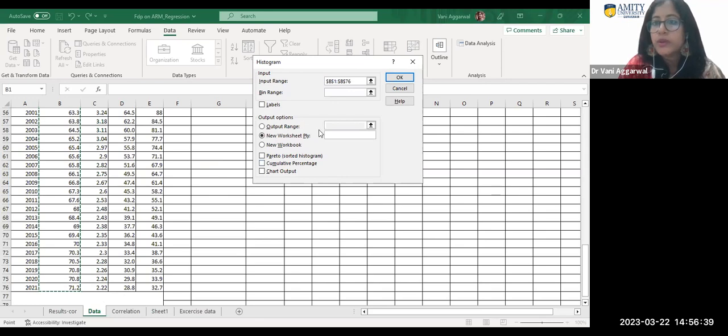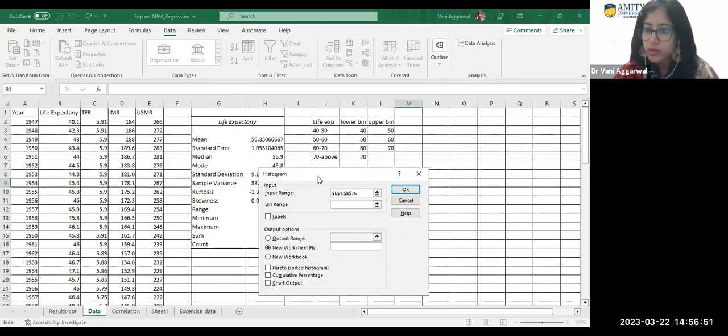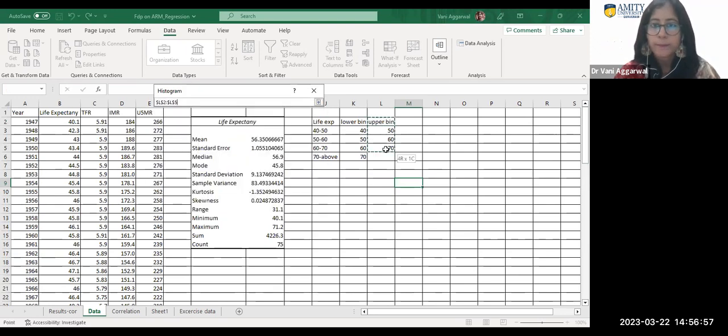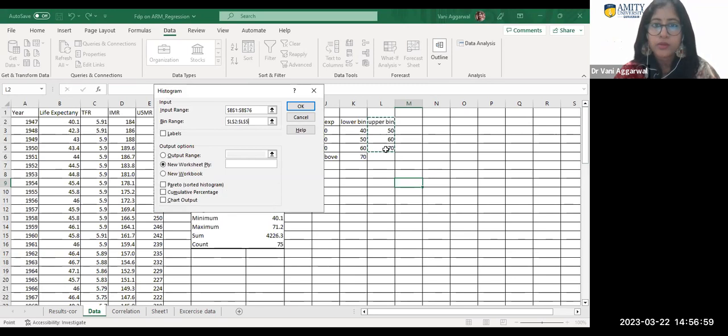Now bin range. Always remember that in bin range, you will add the upper bin. Okay, you will add the upper bin, not the lower bin. Where is my upper bin? This one. Always remember this. No need to add this, just add the upper bin. All right, then click on labels.